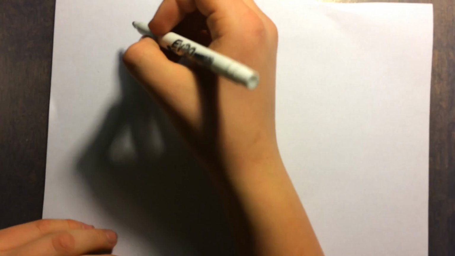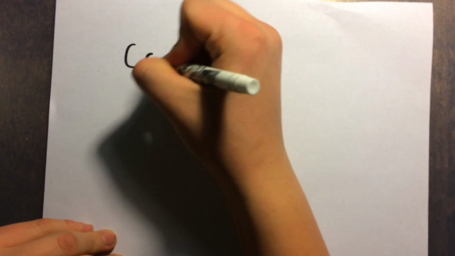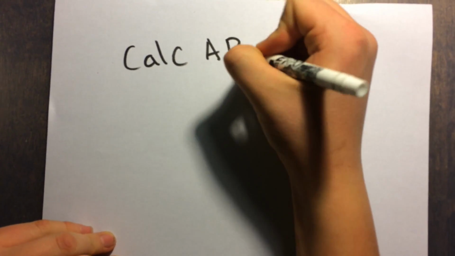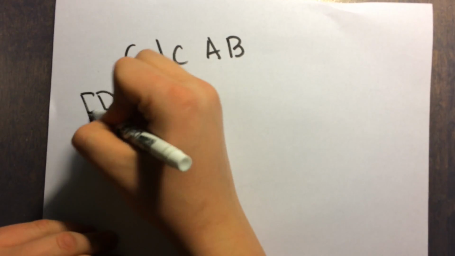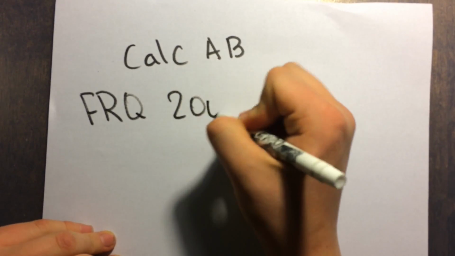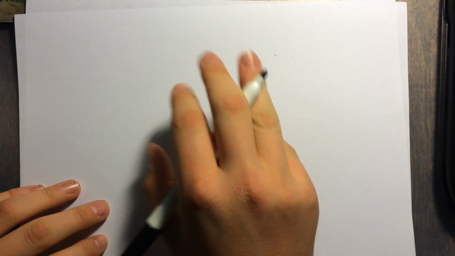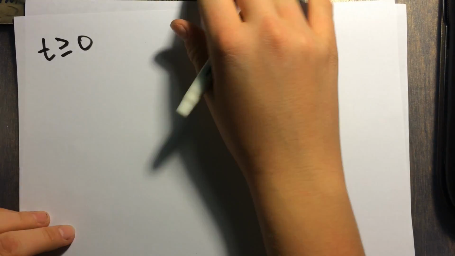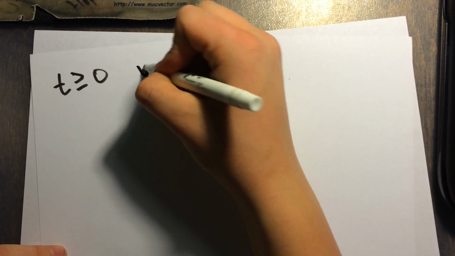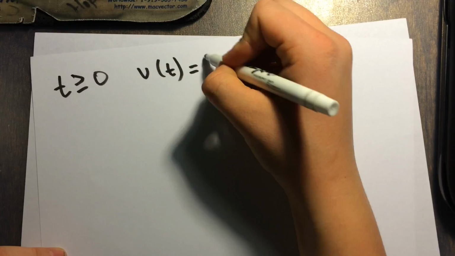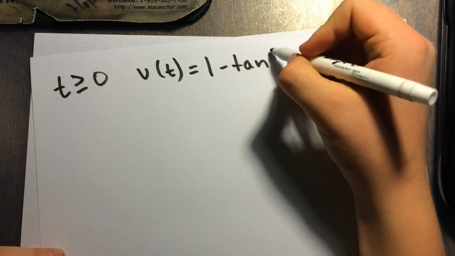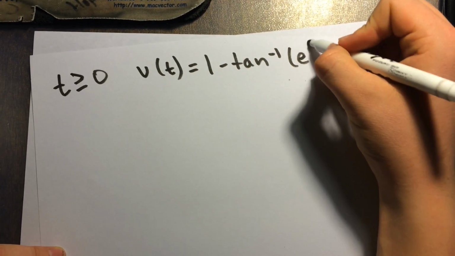I'm Yvonne, and we're going to be looking at the Calc AB FRQ question from 2004, number 3. Looking at the problem, it states that a particle moves along the y-axis so that its velocity v at time t greater than 0 is given by v of t equals 1 minus tan inverse of e to the t.